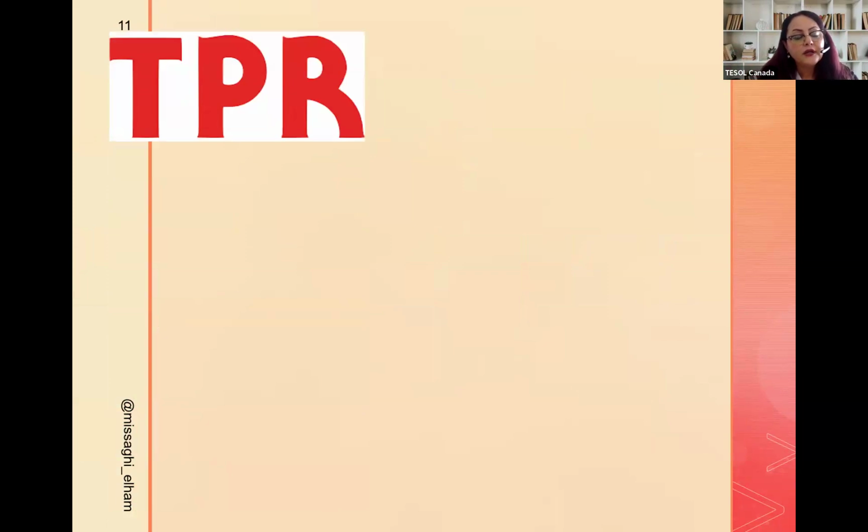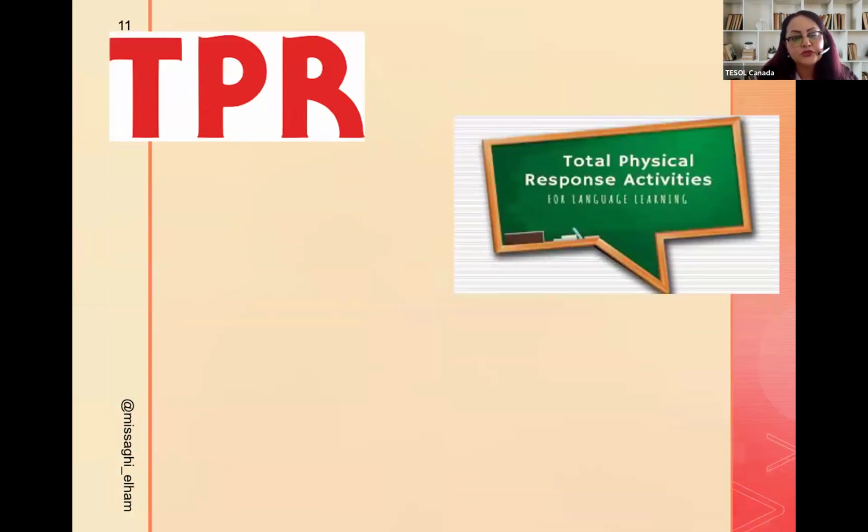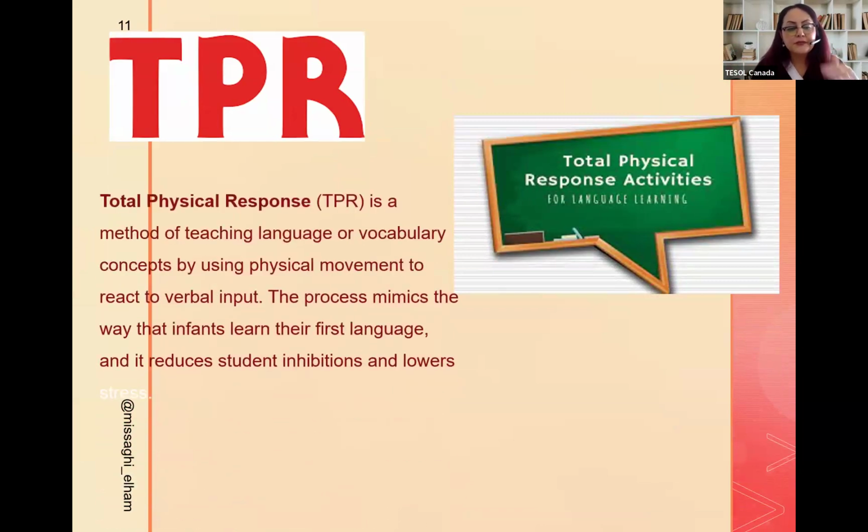TPR, total physical response activity, is very common. It is a method for teaching children and even lower levels for adults and teenagers. It could be teaching vocabulary or any kind of conversation, but usually it's used a lot in learning vocabulary. Through physical movement, they show that they learn. Like point to the window. So all of the students point to the window, point to the ceiling, point to the floor.